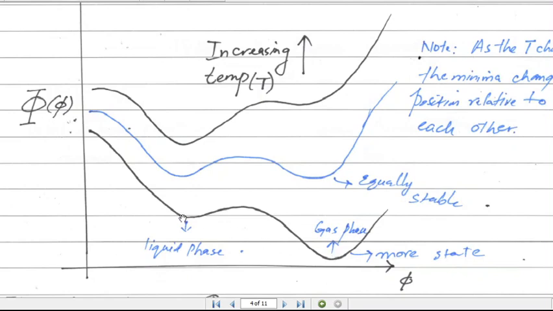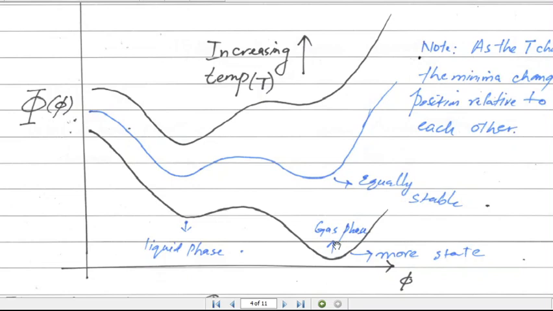For example, this minimum could correspond to the liquid phase, whereas this could correspond to the gas phase. The system will be present in that phase which has the lowest thermodynamic potential. In this case, this minimum has the lowest energy compared to that one, so the most stable phase will be the gaseous phase.